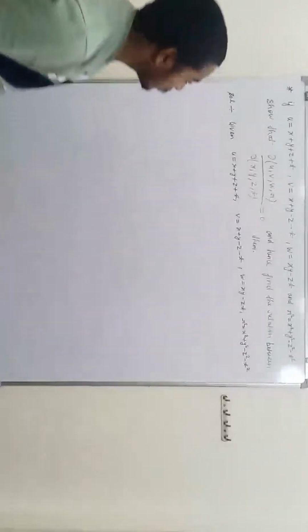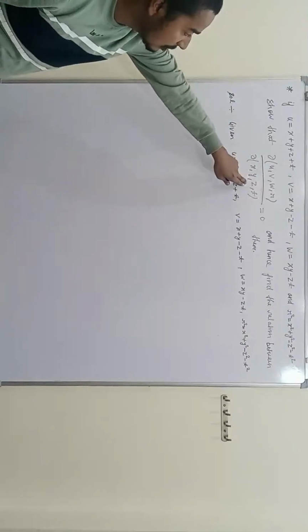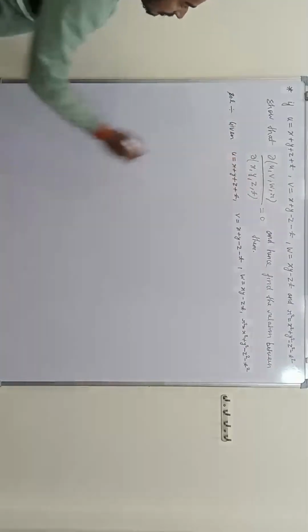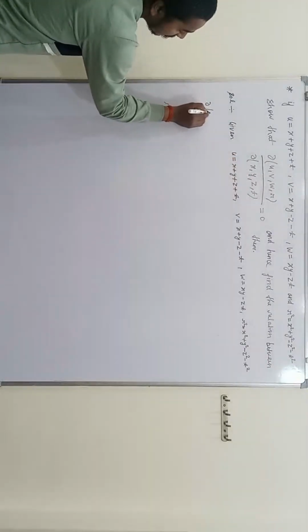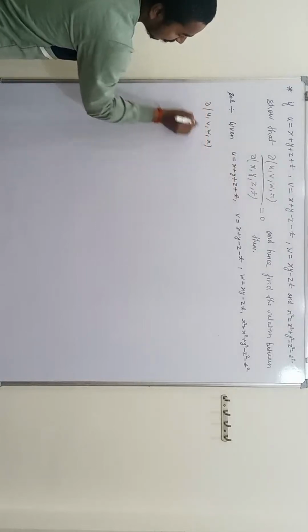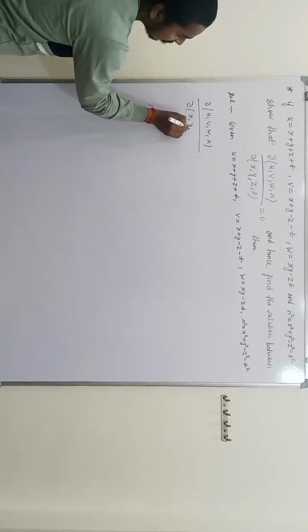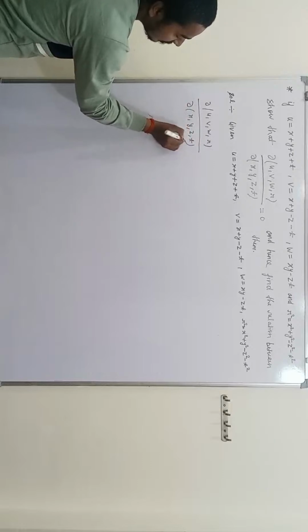We have to find del of u comma v comma w comma r upon del of x comma y comma z comma t.